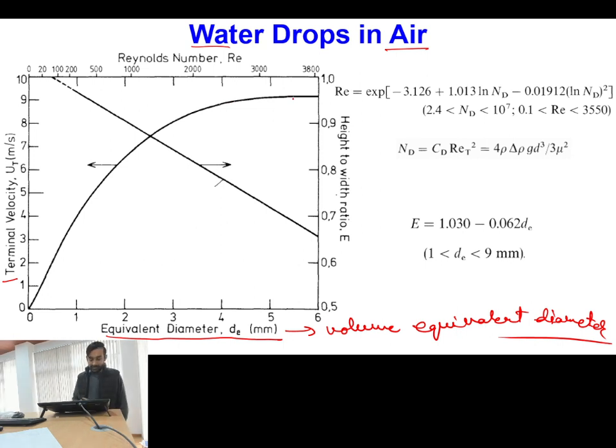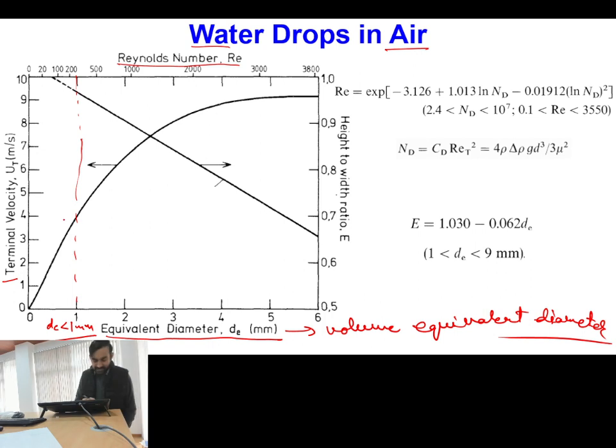Okay, and one interesting observation you can see, we have also plotted Reynolds number over here, and the corresponding values of the Reynolds number. For Reynolds number less than 300 and equivalent diameter less than 1 mm, we will find that in this range of diameter, the shape of the droplet will be almost spherical.